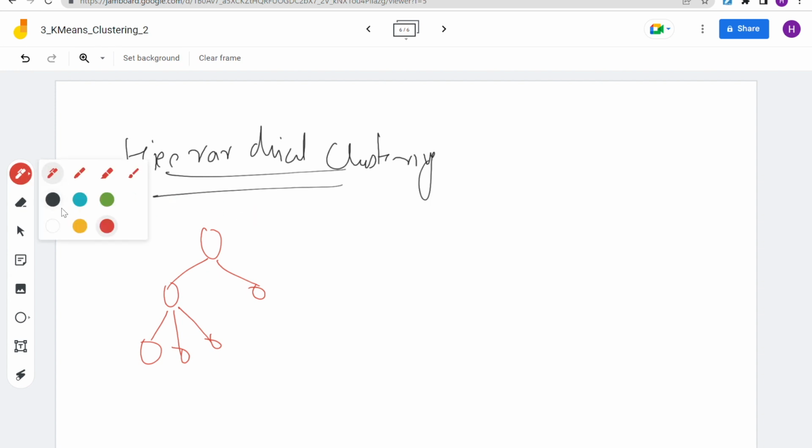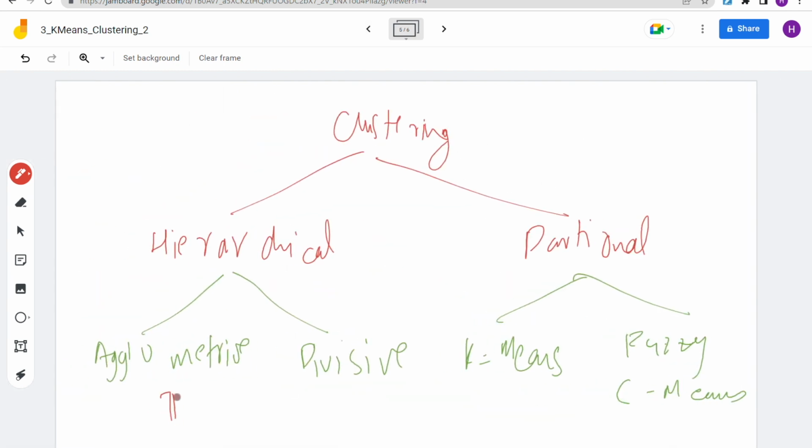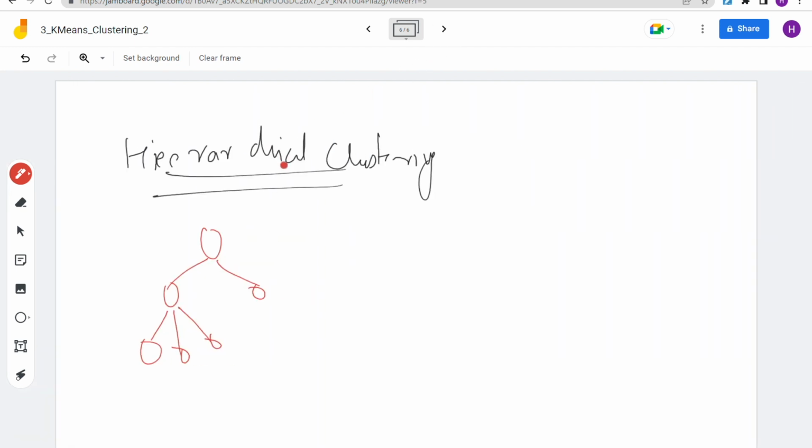You have two types of hierarchical clustering: one is agglomerative and another is divisive. In agglomerative clustering, you have a structure like this, let me draw it for you: A, B, C, D, E, and F. Now you are making clusters.